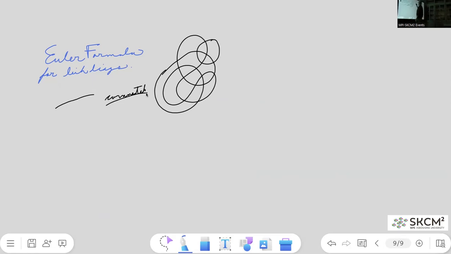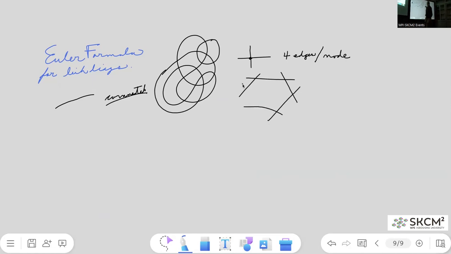I just want to see what Euler's formula can tell me. So first of all, there are the general features of this. There are 4 edges per vertex, 4 edges per node. And we also have faces.